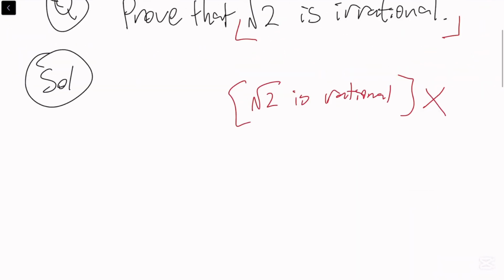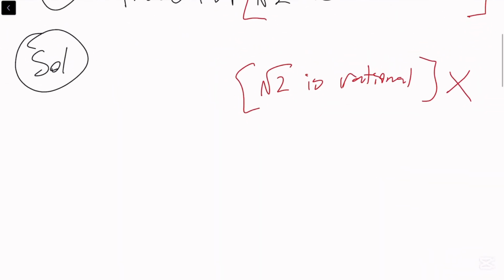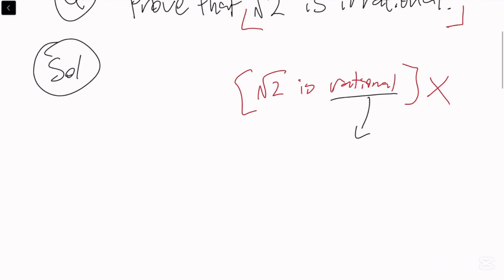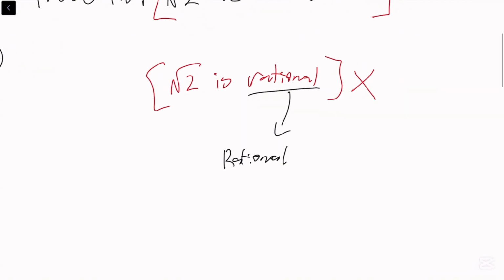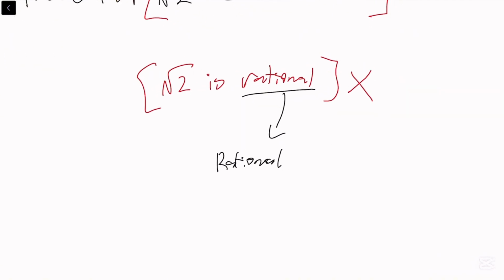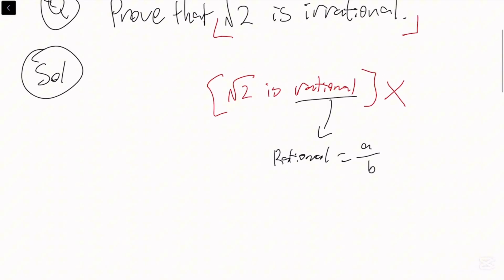Now, we have to represent this algebraically, and we're going to look at the keyword rational. A rational number is a number that can be expressed as a fraction, a over b. This is a common definition that A-level and IB students should both know very clearly.